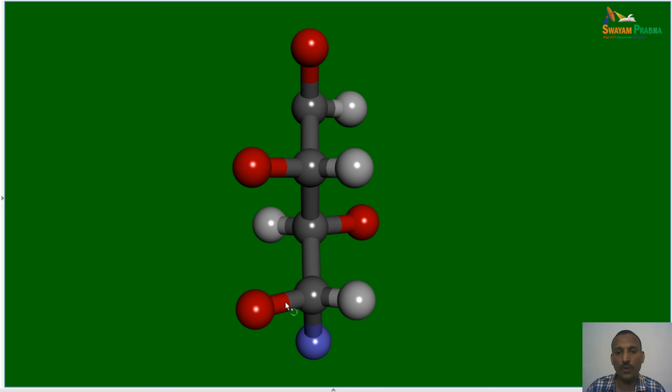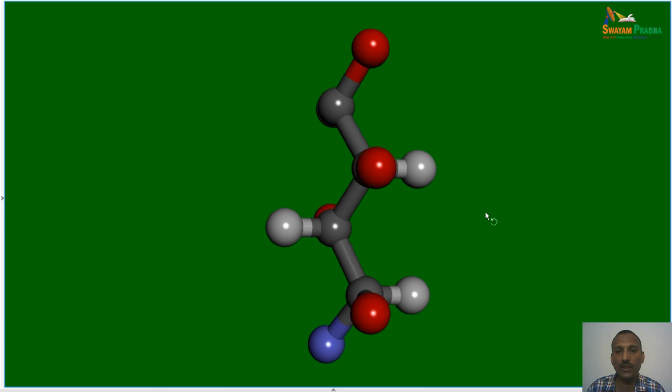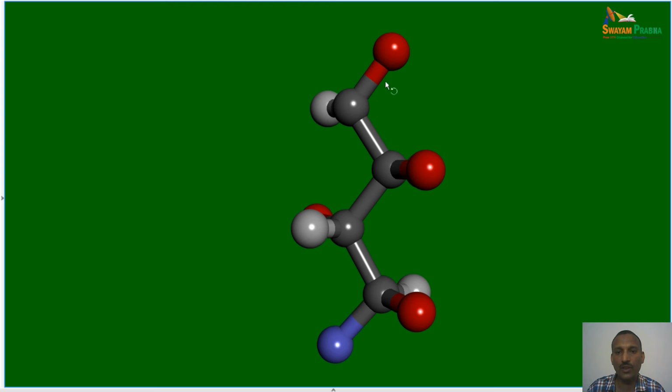But what we have to worry about is the horizontal lines. According to Fischer projection, all the horizontal lines are pointing towards the observer. But unfortunately, in reality, if we draw all the carbons in the straight chain mode, this is basically the zigzag representation we were talking about.